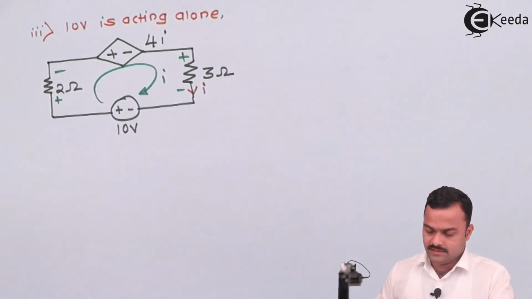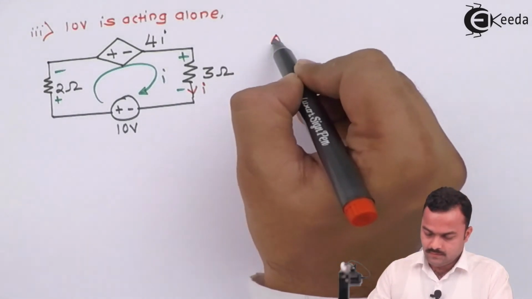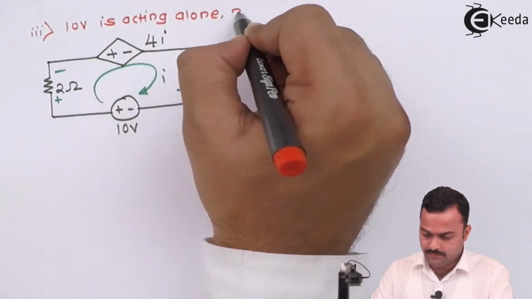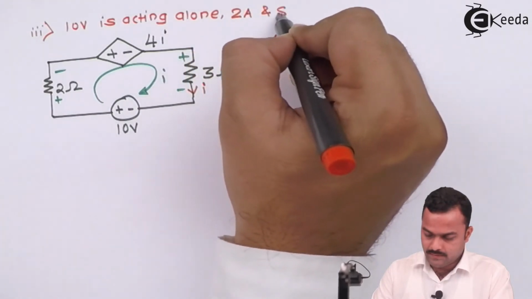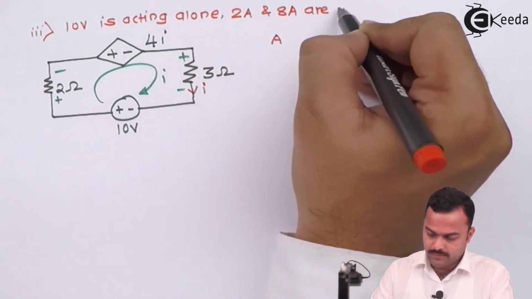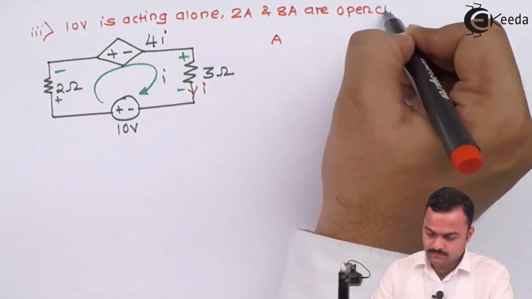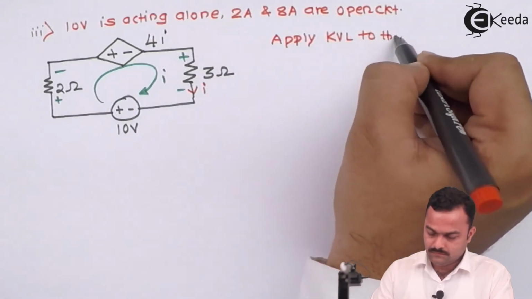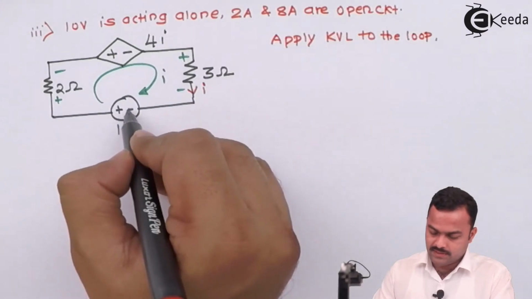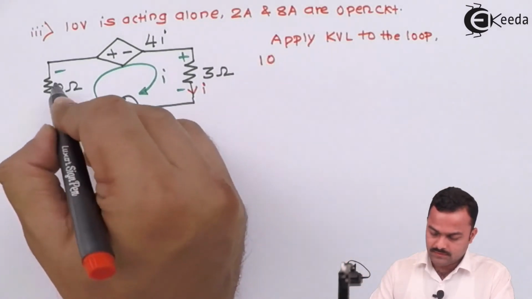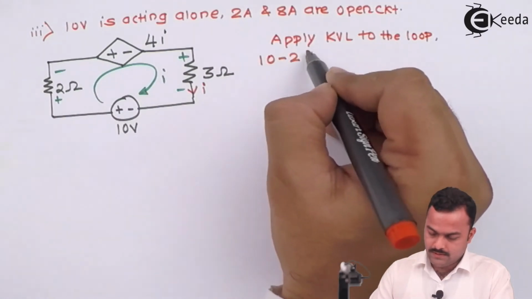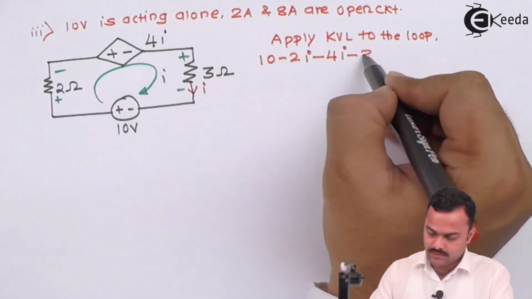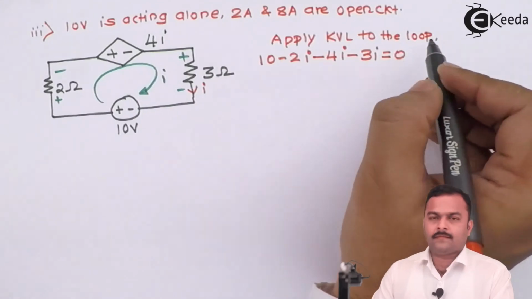So let's apply KVL to this. Whenever we say 10 volt is acting alone, what we have done for the 2 ampere and 8 ampere, they are open circuited. So if I apply KVL to this loop, let's start from here: minus plus, so it's 10, plus minus 2I, plus minus 4I, plus minus 3I equal to 0.